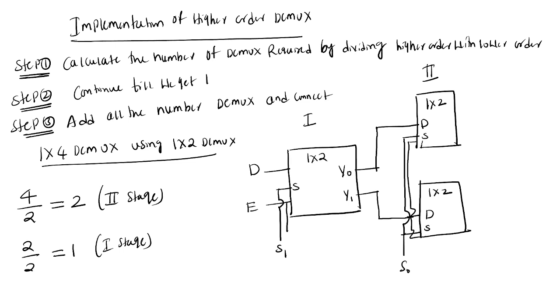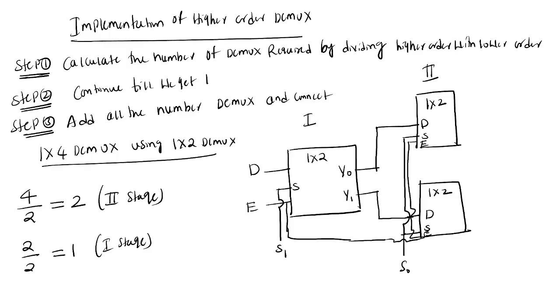So this is enable pin, and this is also enable pin. This is connected to this one, common enable pin. Like this, you will implement 1 cross 4 demux by using 1 cross 2 demux. Is it fine? Fine, sir.